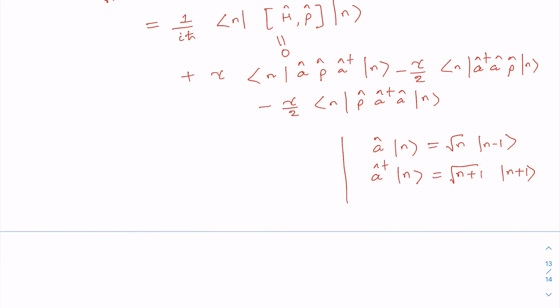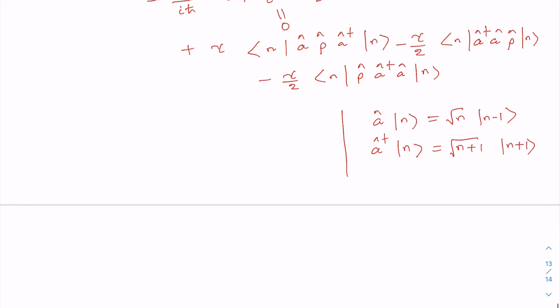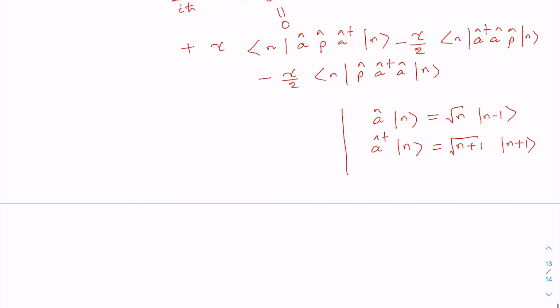So what we'll have, because the first term vanishes, and you can also utilize the fact that when the annihilation operator operates on the bra of n, you will get simply square root of n plus 1, and you will have n plus 1.